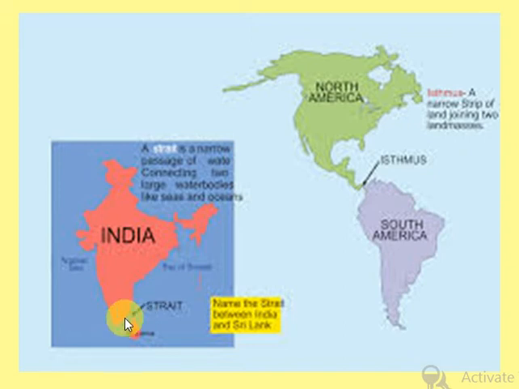It is a narrow passage of water connecting the two large water bodies. And this strait over here, can you name the strait between India and Sri Lanka? Yes, it is the Palk Strait.